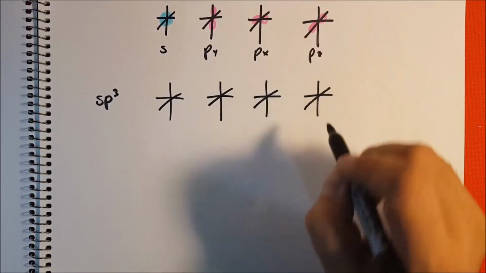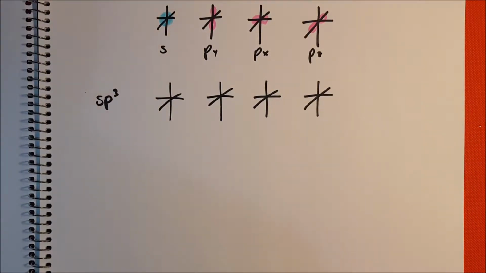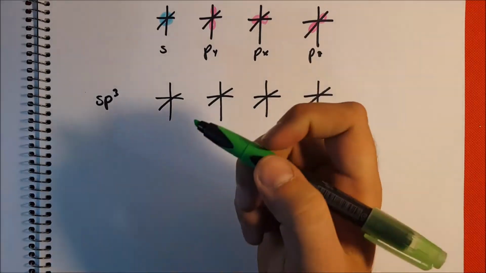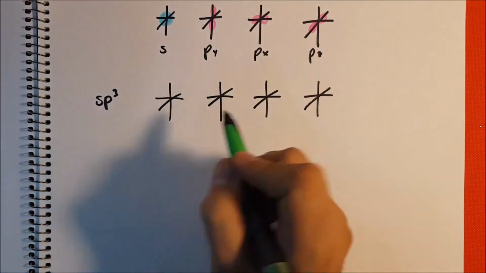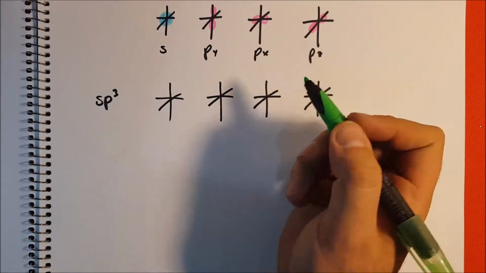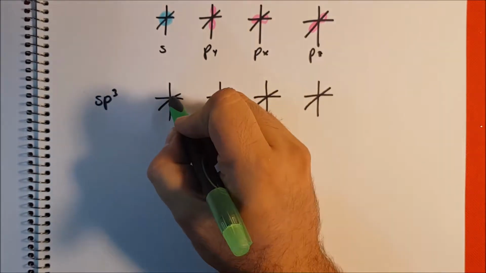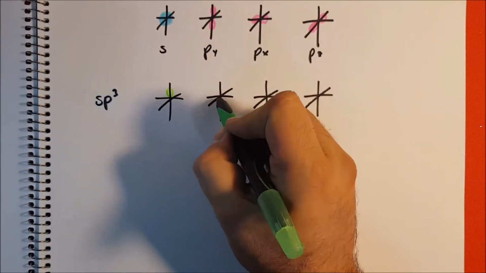So if we plot that same quick drawing of the axes, and I'm going to code these in green, we're going to get 4 distinct orbital hybrids that are going to be pointing in different directions.